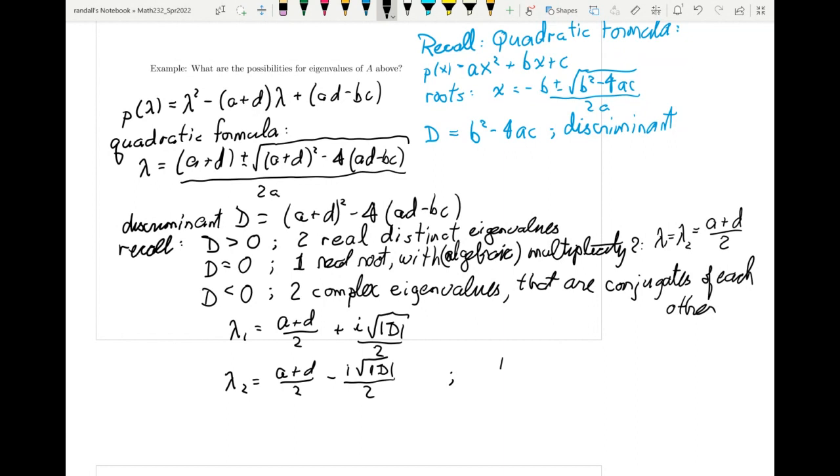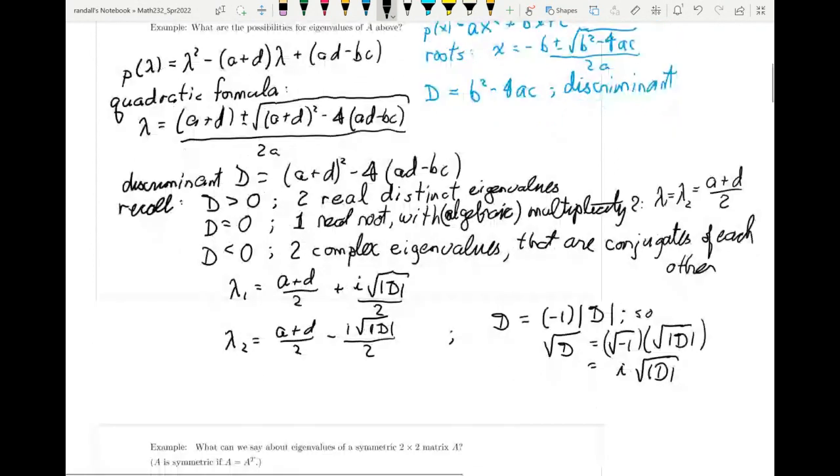Recall the discriminant in this case is negative, so I'm writing it as minus 1 times this positive quantity. When I take the square root, I'm taking the square root of minus 1 times the square root of the absolute value of D. Hence I get this term i square root absolute value of D.